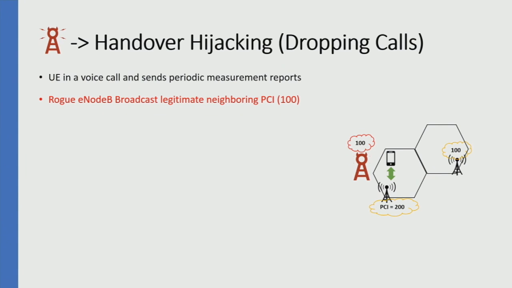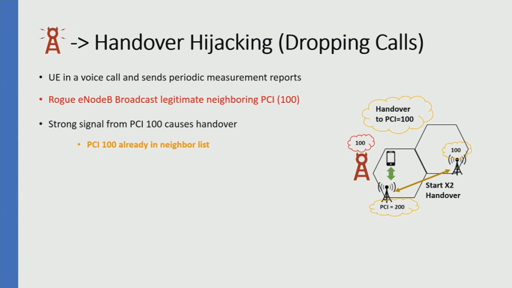But what does this base station do? It creates a handover, because it trusts the measurement reports, and without any verification, it tries to initiate a handover. So this base station starts a handover process, but it's actually starting the handover process with a legitimate one. But the phone reported the signal from a rogue base station.